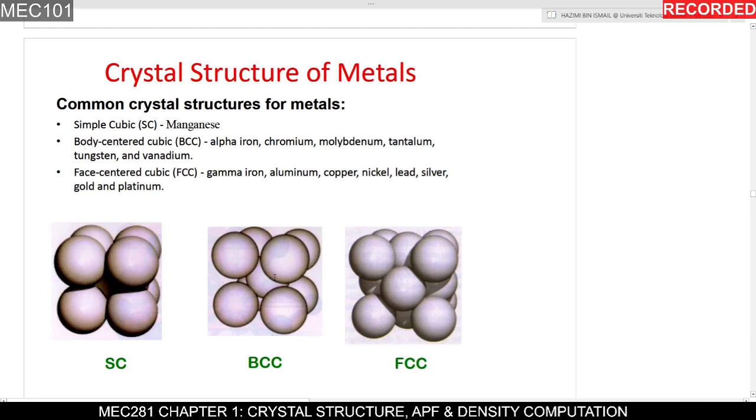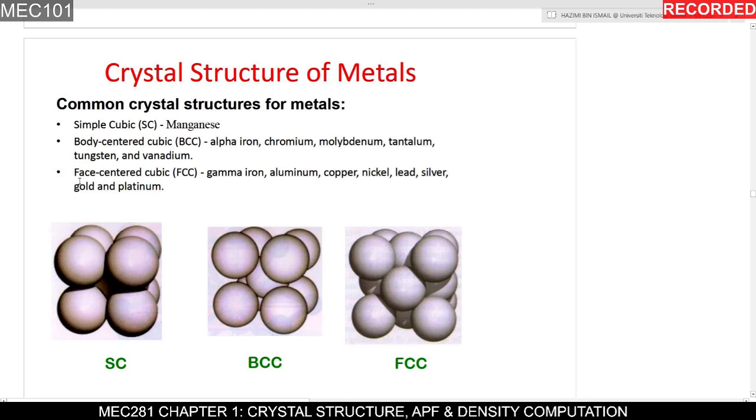The difference between BCC and SC is that there is an atom in the center, so that's why we call it body centered. So there is one more atom in the center, in addition to the atoms at the corners.